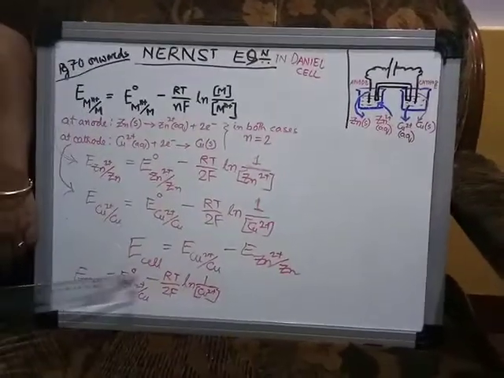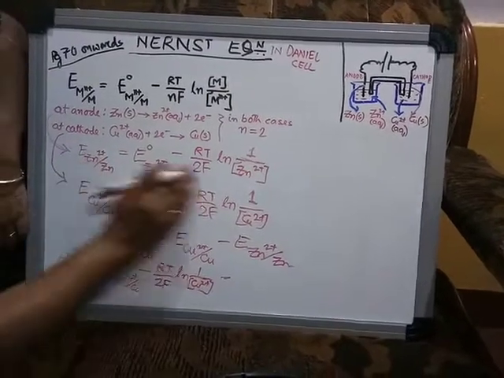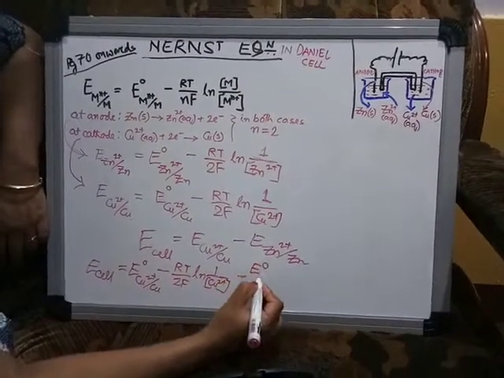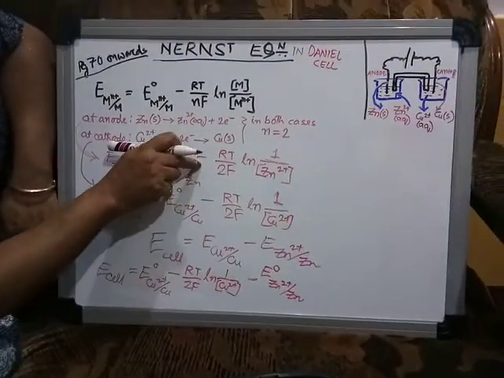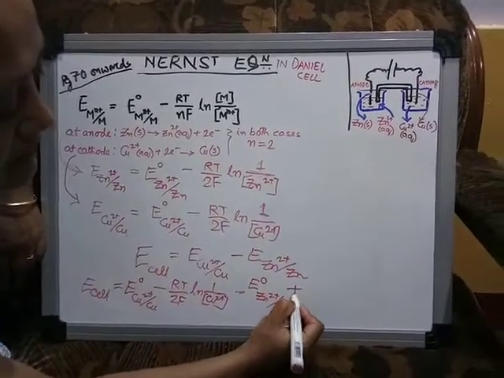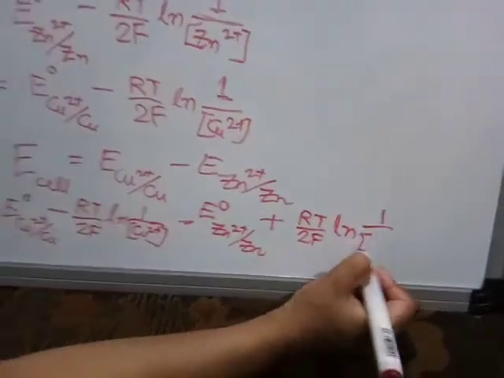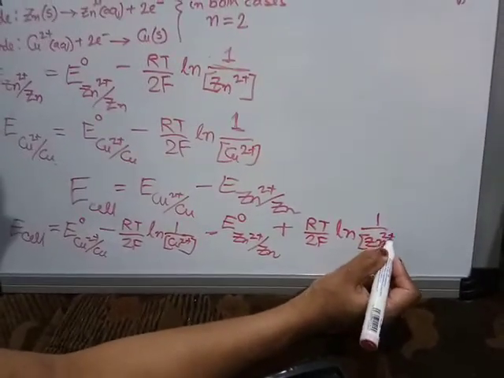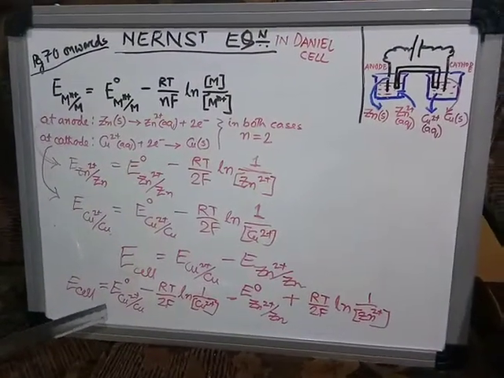From here we are substituting, minus of this one, E0 Zn2+/Zn. Now there is a minus out here and there was a minus out here, so minus into minus will become plus, plus RT by 2F ln 1 by Zn2+. So when we substitute, this is how our Nernst equation is going to look.